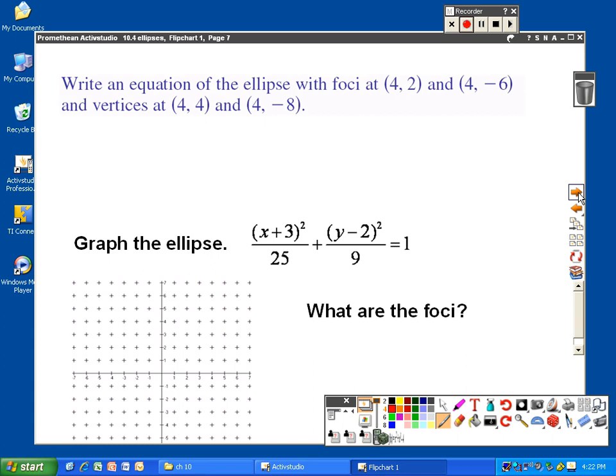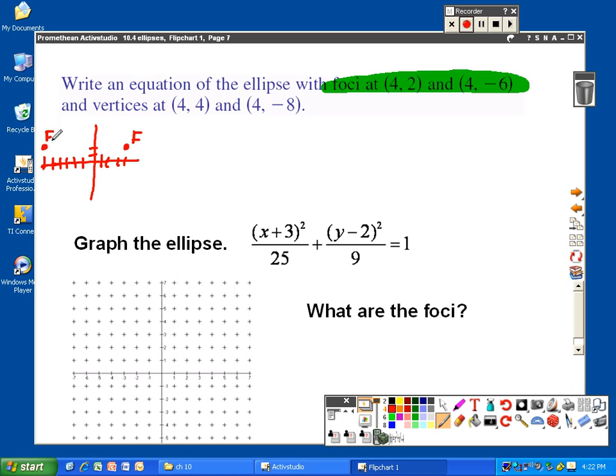So if I move off of 0, 0, I need to find my new center. So this ellipse has foci at 4, 2, and 4, negative 6. So I'm just going to jot myself a little graph. 4, 2, that's a focus. And 4, negative 6 is another focus.